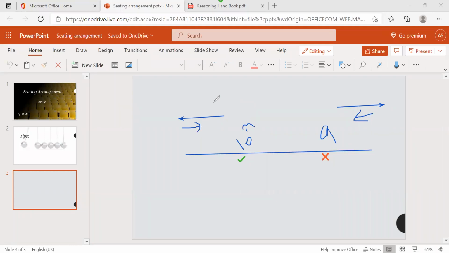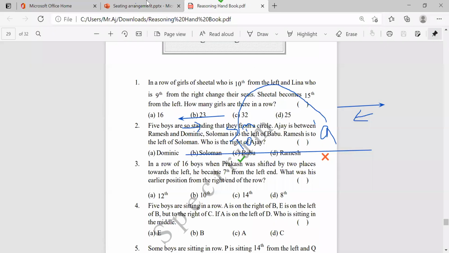Now what they're asking, if they both interchange the positions, that now Sheetal, before it was Sheetal, this was Lena.